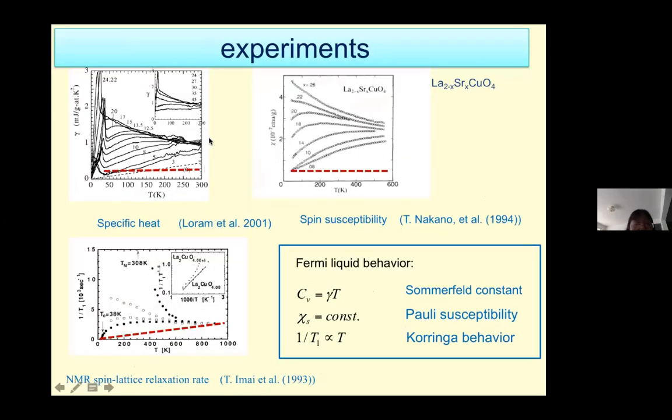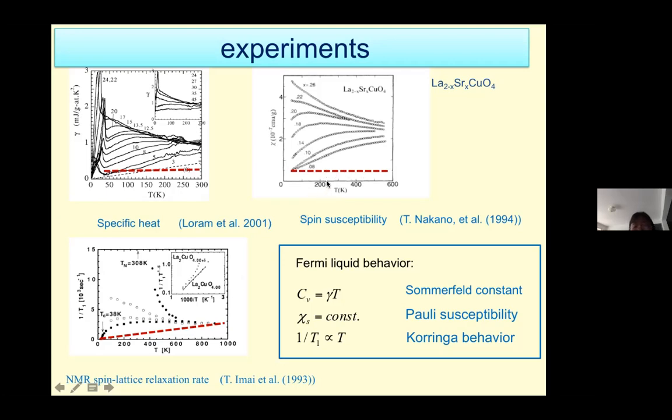So if we look at experimental results, it's very clear that those measurements do not follow the Fermi-liquid behavior, including that the specific heat coefficient gamma for the linear T dependence is itself dependent on temperature, modulus linear with T. Then the Pauli spin susceptibility also shows temperature dependence instead of a constant behavior.